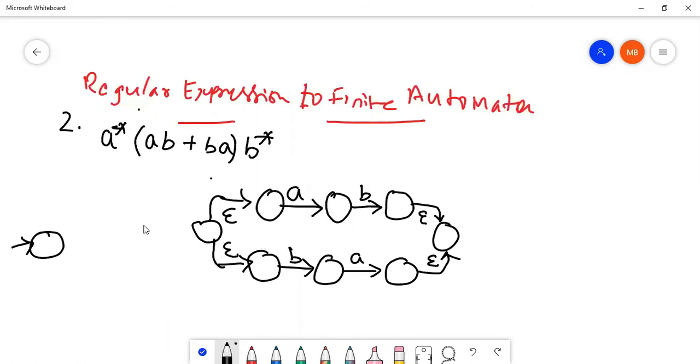Let's write it for a star as the prefix and b star as the suffix.